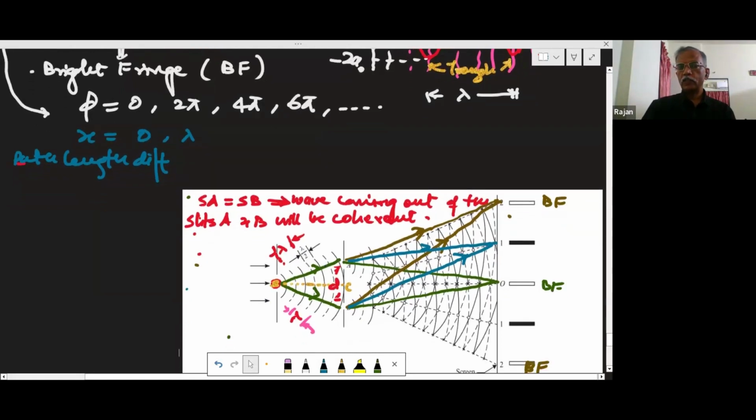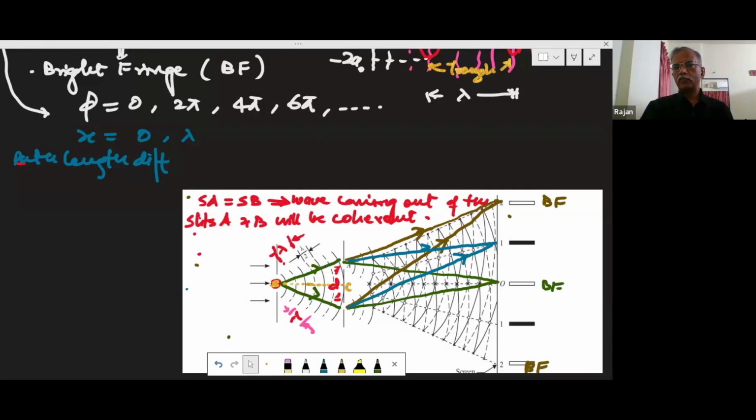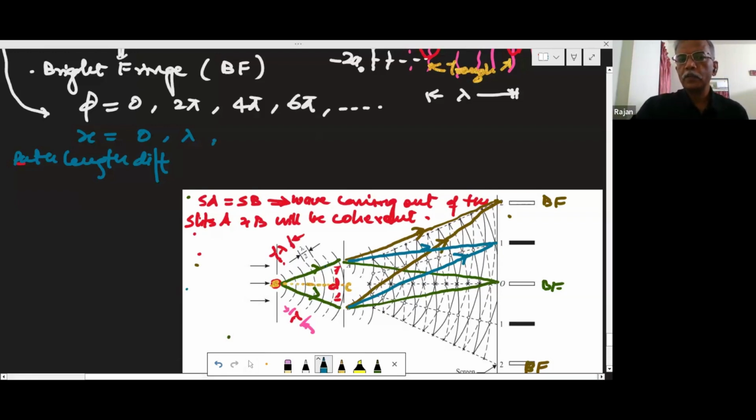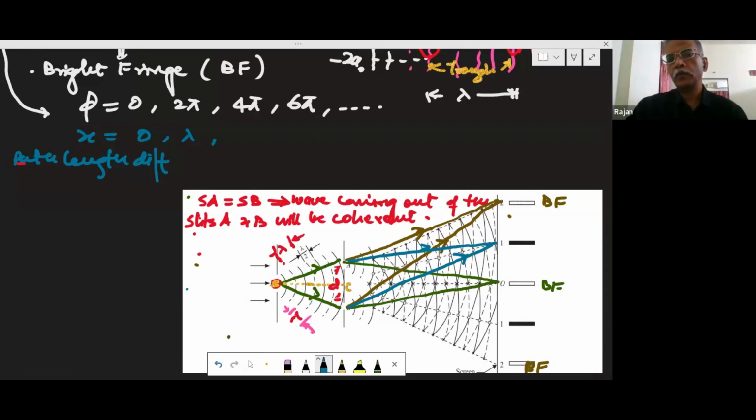Got it? Now next one, where will be the bright fringe? The first bright fringe is the one we got at number 2. The next one, where will it be? In terms of the path length difference, it will be on either side, and it will keep on going.